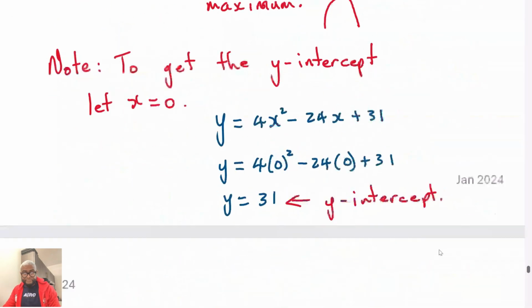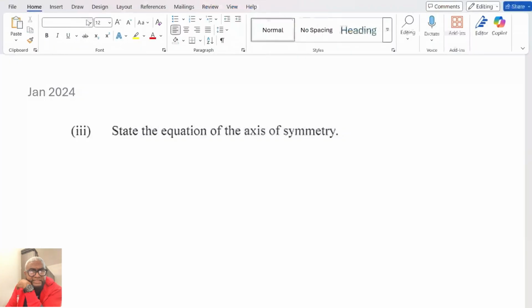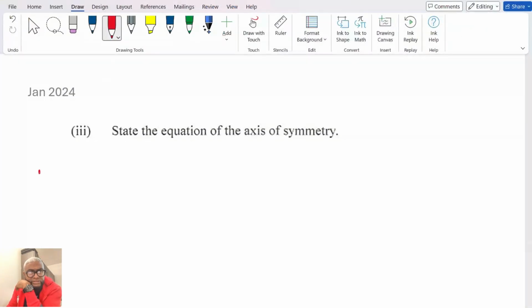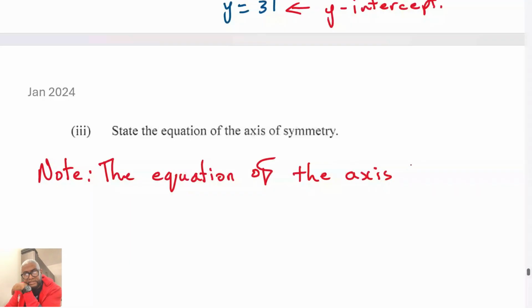The last thing they're asking for is to state the equation of the axis of symmetry. Symmetry means what? A line of symmetry is a line that cuts the curve in exactly half.